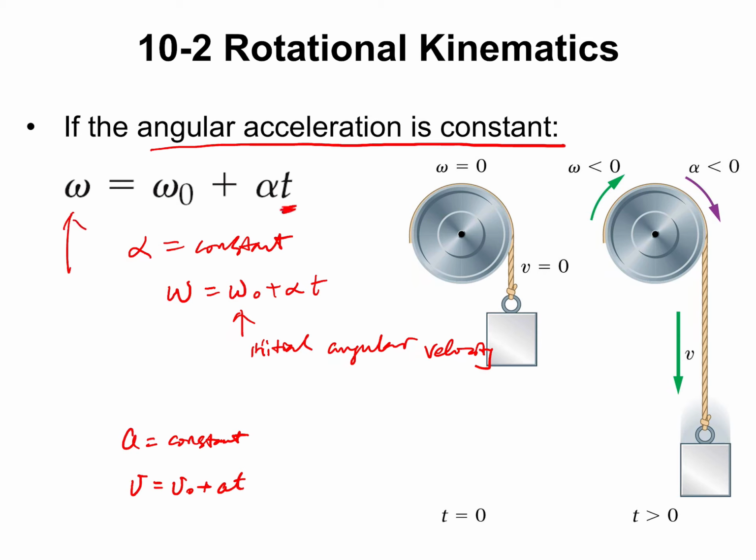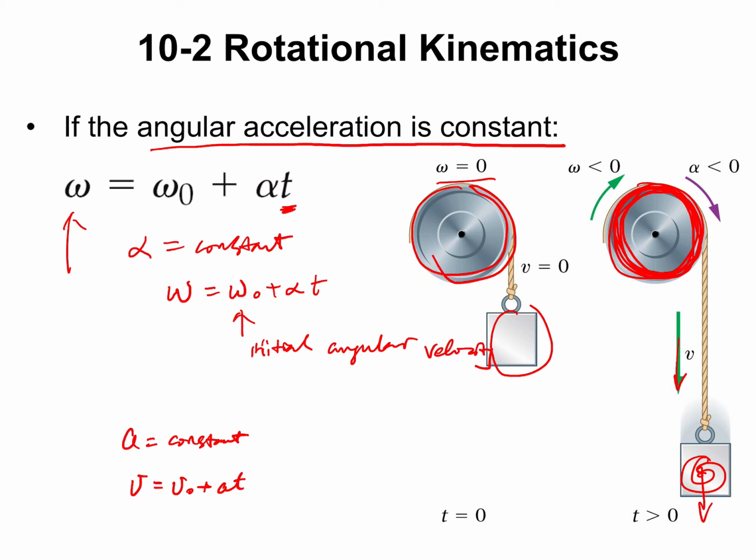Okay, so like this example, the initial velocity is 0, so this object's initial velocity is 0, and this disk here does not move at all, right? So angular velocity equals 0. And if you let it go, the object moves with velocity, and this disk will rotate with angular velocity, right? We can tell this disk will move faster and faster because this object is moving down with acceleration, so this disk rotates with acceleration, faster and faster.